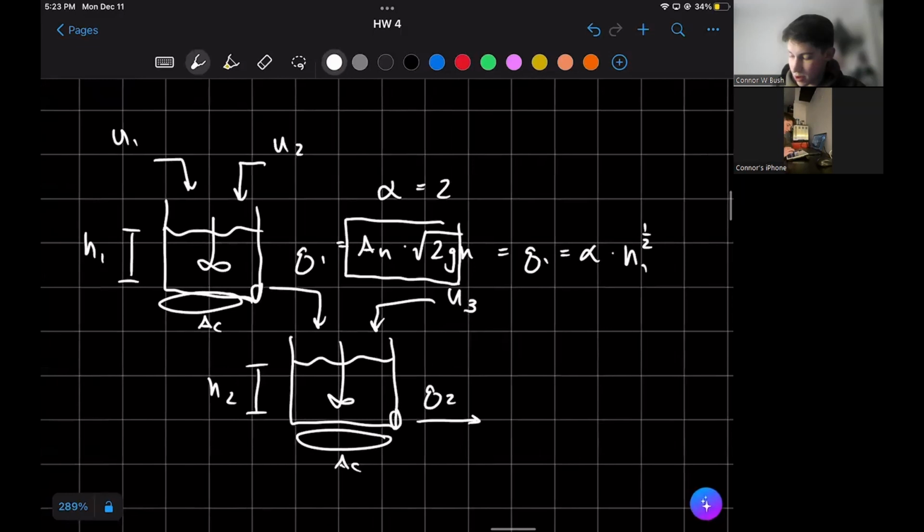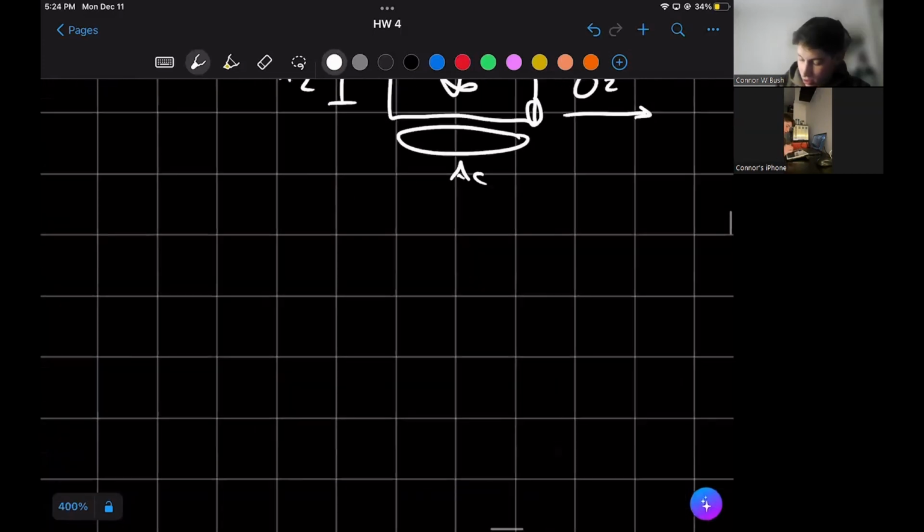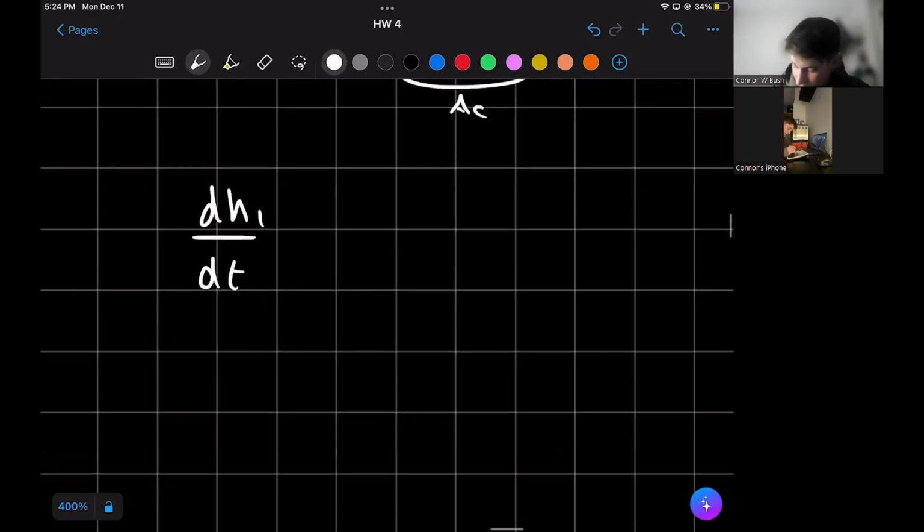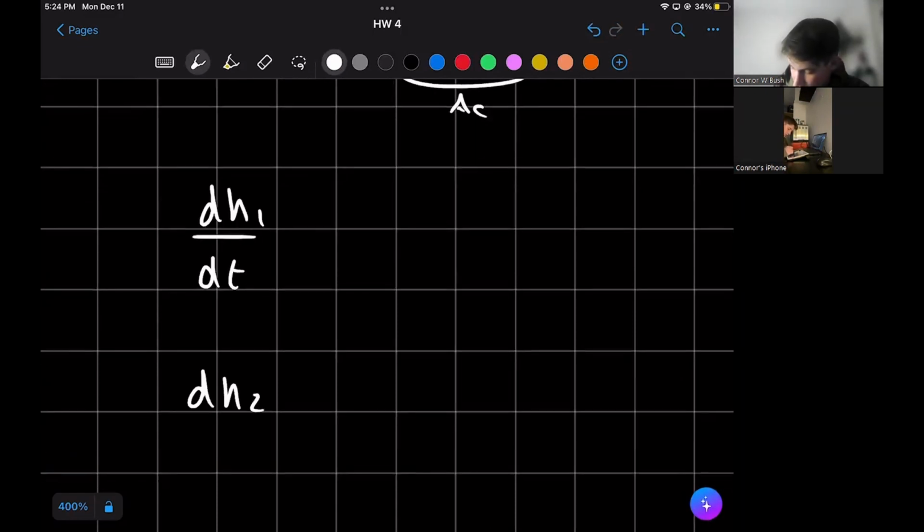So we need to somehow get a differential equation with respect to the heights, the change in heights. What that looks like is dH1/dt, and then we want an expression for dH2/dt. To get these, we can do a mass balance.